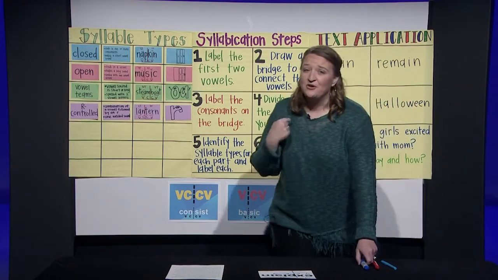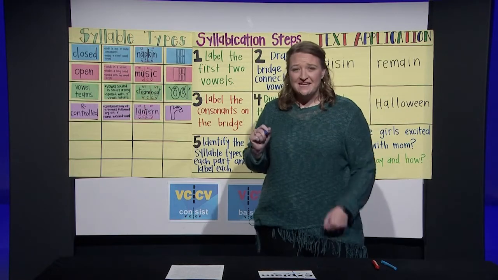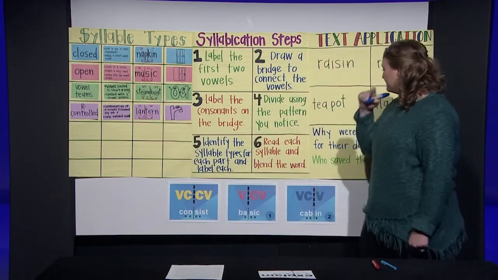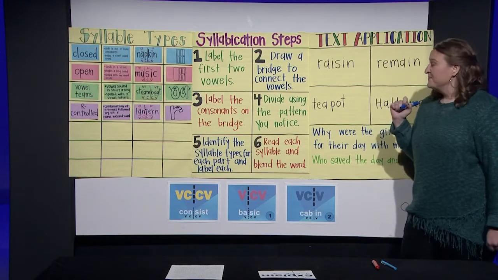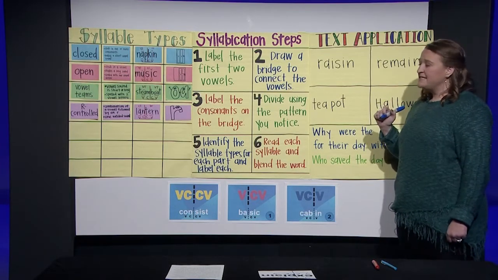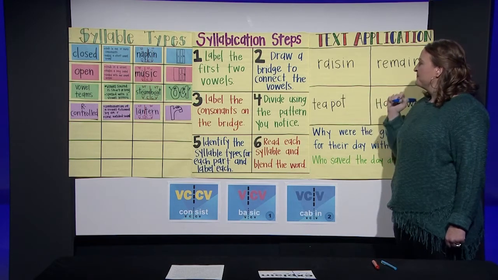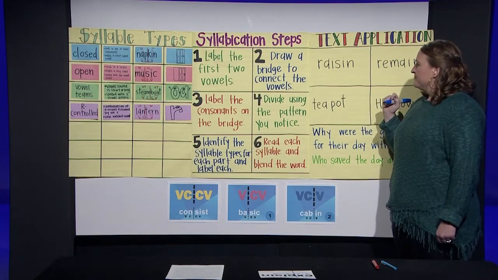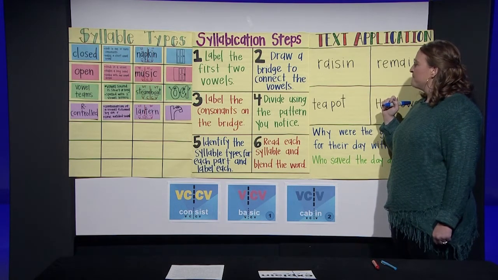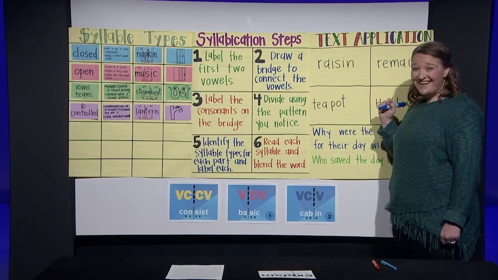Now, I want you to help me, so get your pencil and paper out. When you get your pencil and paper, write this word on your paper. Are you ready?